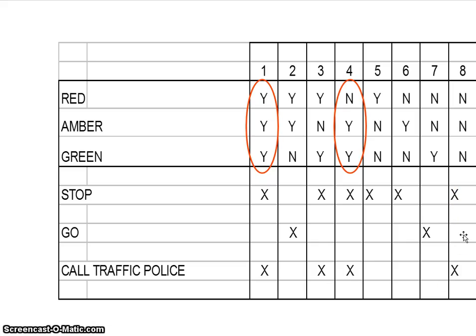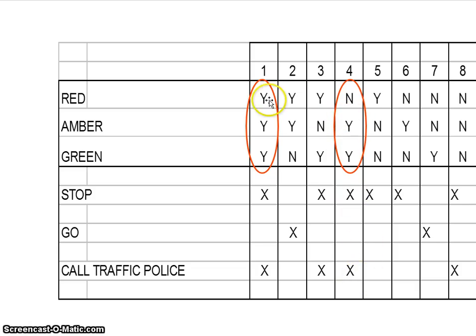With redundant rules, we start to have a look if there are any rules where we can see that everything is the same apart from one condition and the actions are the same. So in the case of all these, I've highlighted 2 there. This one, yes, yes, yes, with a stop and call traffic police, and this one, no, yes, yes, with a stop and call traffic police.